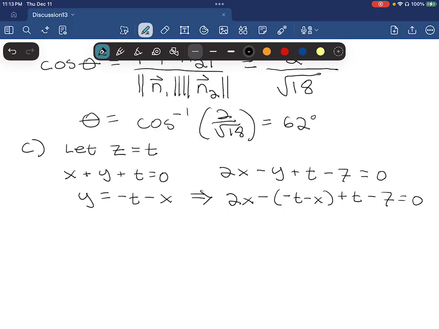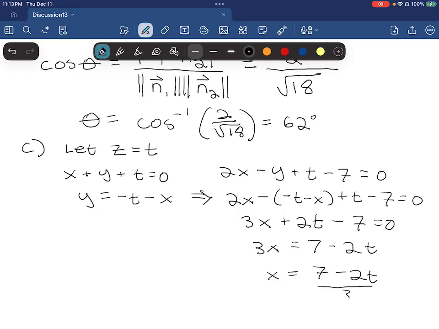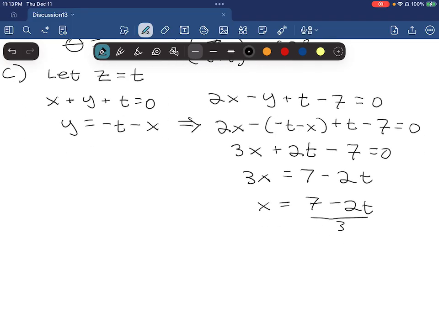So 2x minus negative x, so 3x, and then we have t minus negative t, so 2t, minus 7 equals 0. So we got 3x equals 7 minus 2t, bringing the t to the other side. And now we can just divide by 3. Cool, so we got one of them.